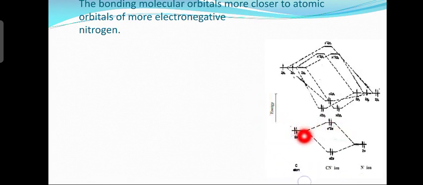This is the 2s orbital of carbon, and this is the 2s orbital of N minus, or nitrogen. You can see the bonding and anti-bonding orbitals, and here 2px, 2py, 2pz, and here also 2px, 2py, 2pz. Here pi 2px, pi 2py, sigma 2pz. The anti-bonding pi star 2px, 2py are vacant, and even sigma star 2pz is vacant.